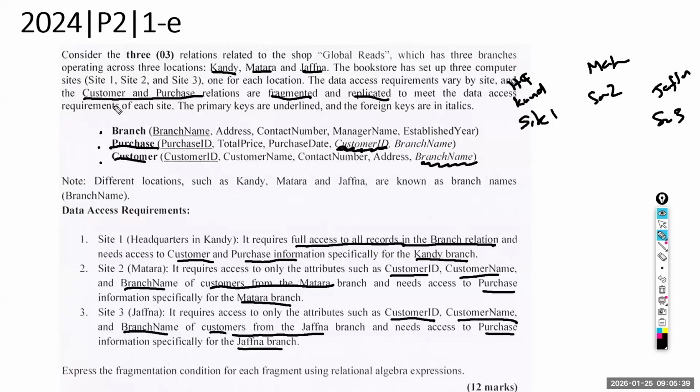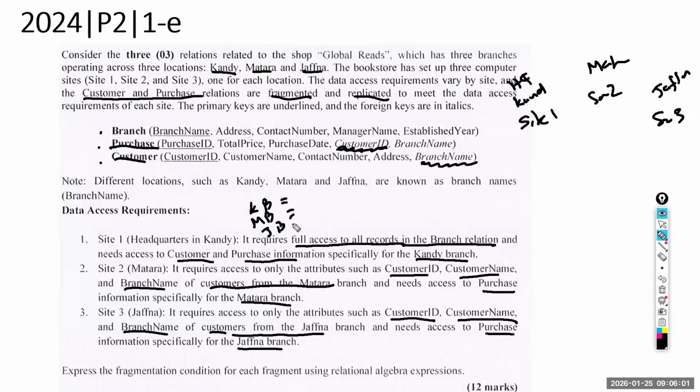We can call it customer. So that means we can say Kandy branch, Mathur branch, and Jaffna branch.